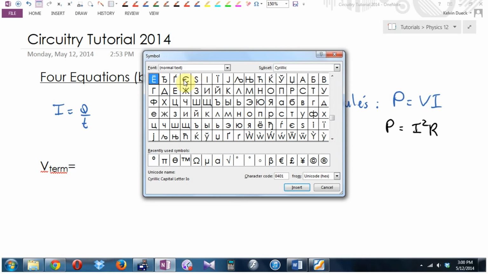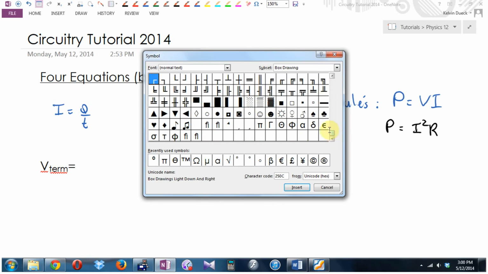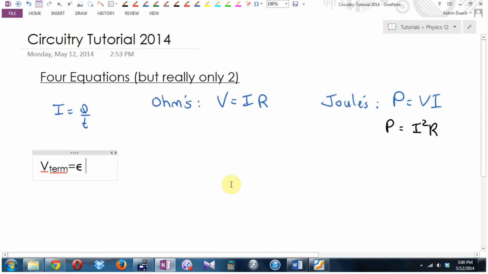That's kind of it, but not quite. Show me a Greek letter epsilon. You saw it there, but it was backwards? We'll kind of go with that. Yeah, close enough.